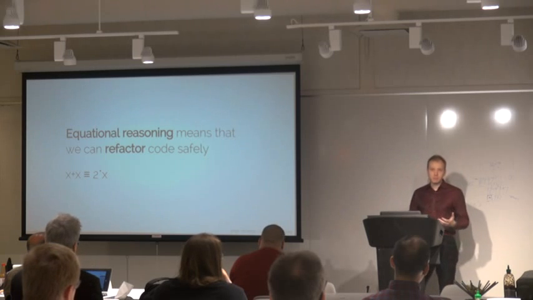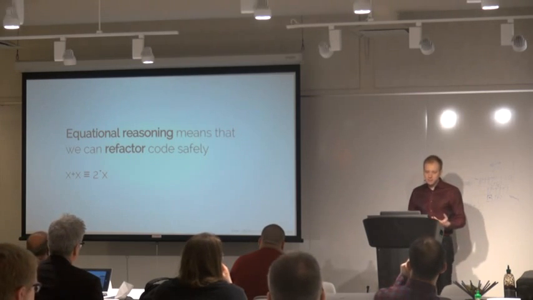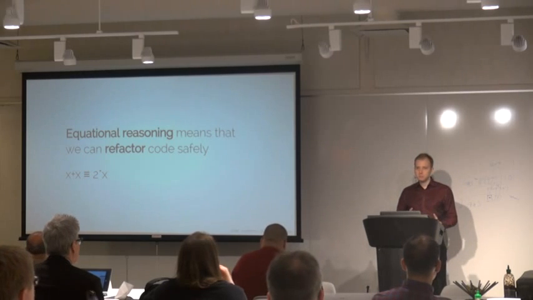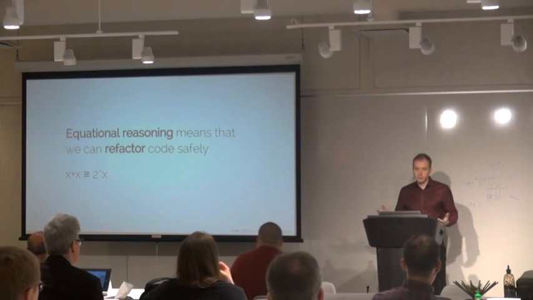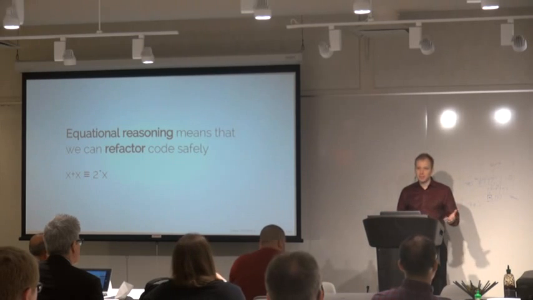Now, in an imperative language, or one that supports impure functions, x might be an expression that includes a call to a function that does practically anything. Maybe it does a database transaction. Maybe it increments a counter.